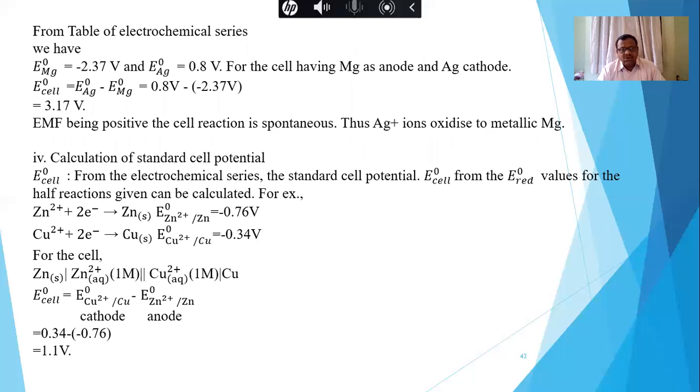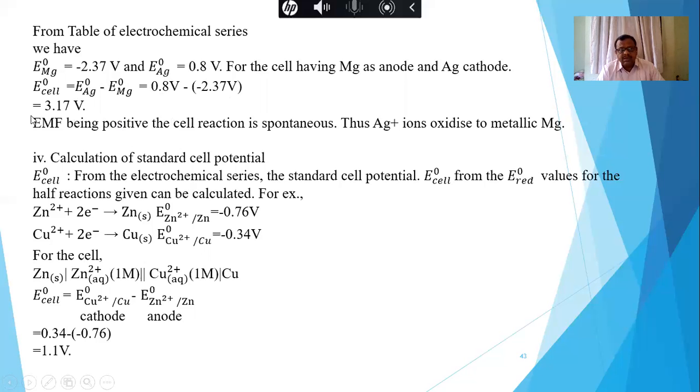From the table of electrochemical series, we see that the E standard value of Mg is minus 2.37 and the E standard value of Ag is 0.8 for the cell having Mg as anode and Ag as cathode. Therefore, E standard cell is equal to E standard Ag minus E standard Mg, which is equal to 0.8 volt minus minus 2.37 volt.